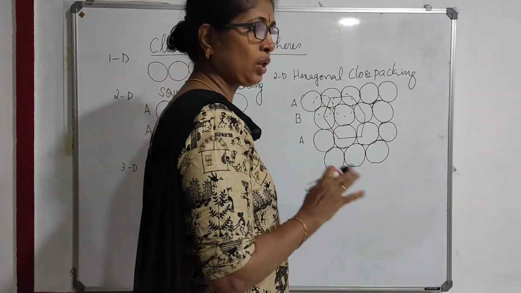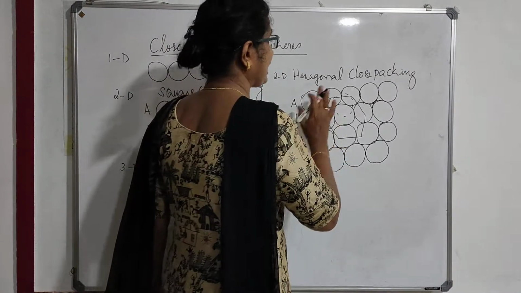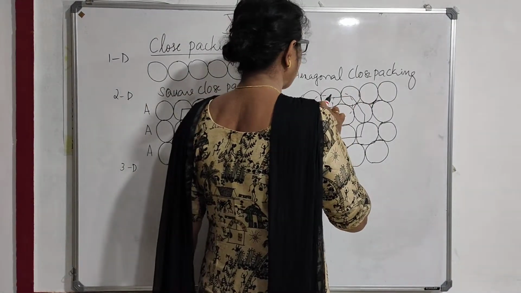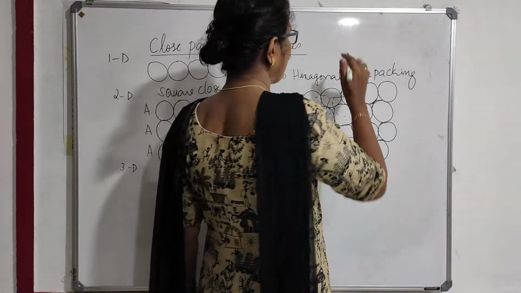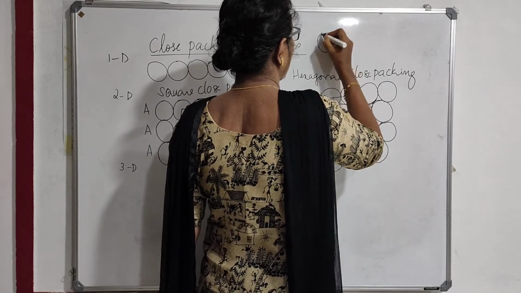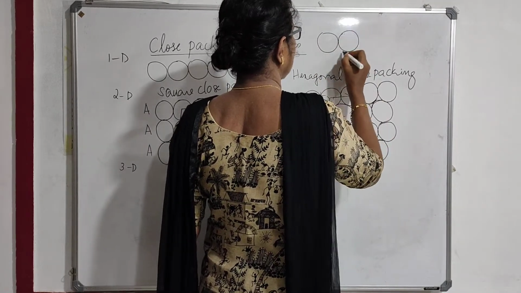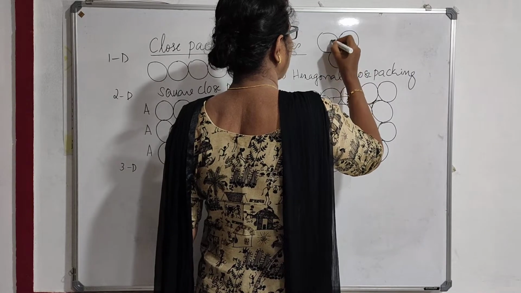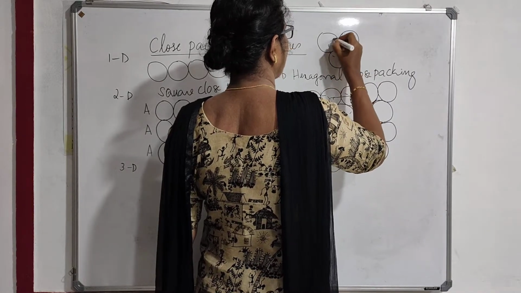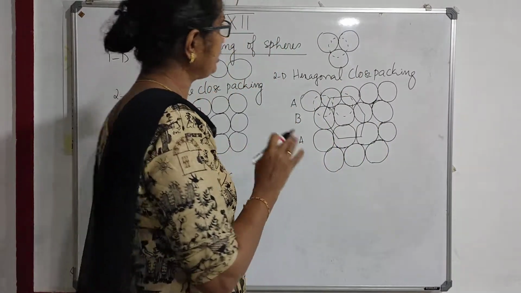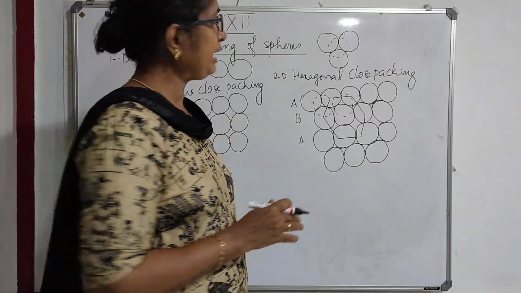The voids get closed in the second layer. That is, one trigonal void is there, and over that a trigonal void is formed like this. Over this we keep the next layer, so it is closed.